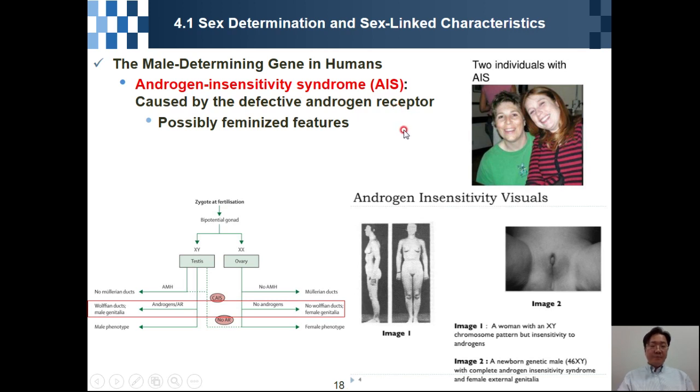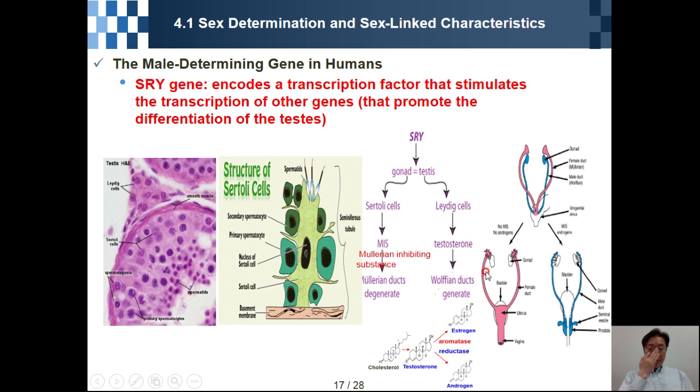For example, here testosterone is changed to androgen, and androgen can be received by the androgen receptor. Usually the androgen receptor is working very well. After that, it can generate the Wolffian duct like this. This is the Wolffian duct. Okay.